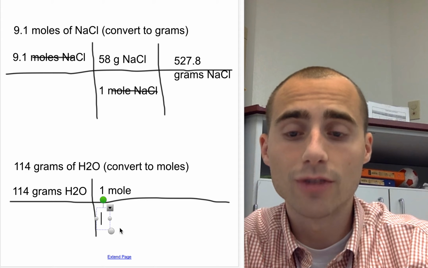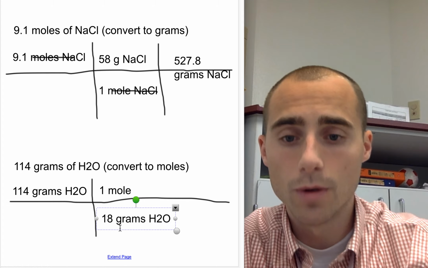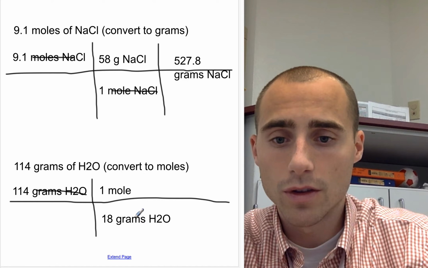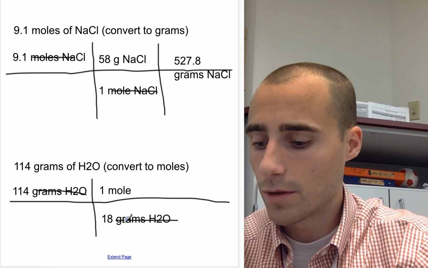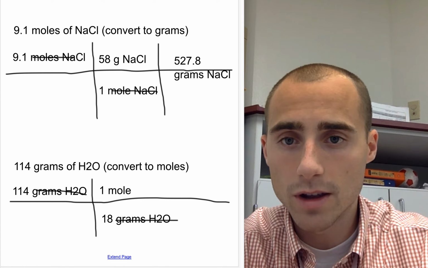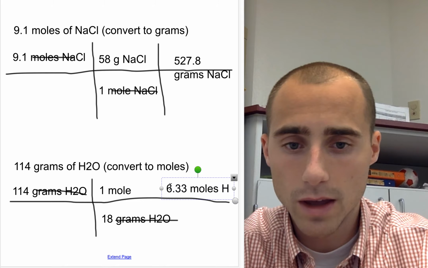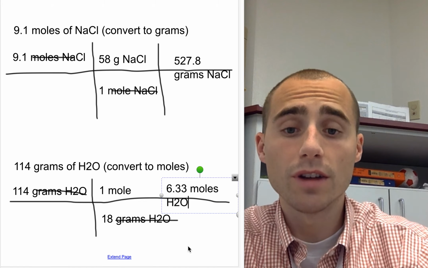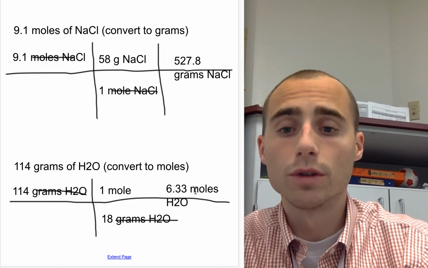Oxygen's is 16, hydrogen's is 1, but we have 2 hydrogens, so you end up with 18 grams H2O. Those two will cancel out, and then you just end up with your final fraction being 114 divided by 18, and you end up with 6.33 moles H2O.